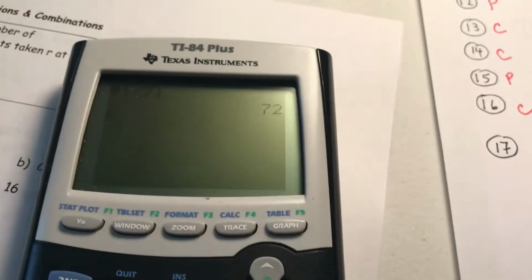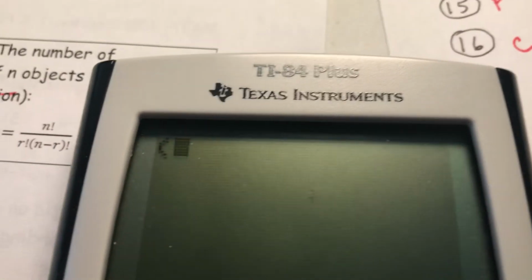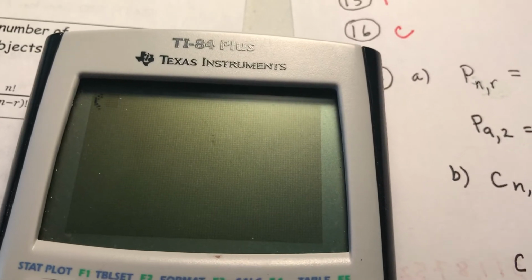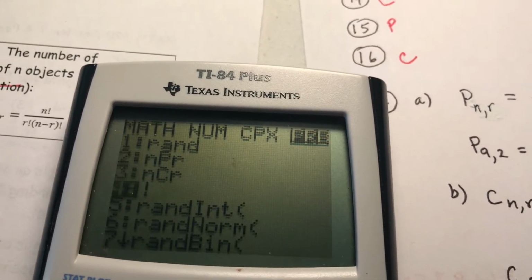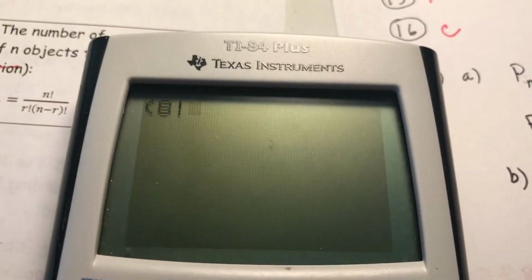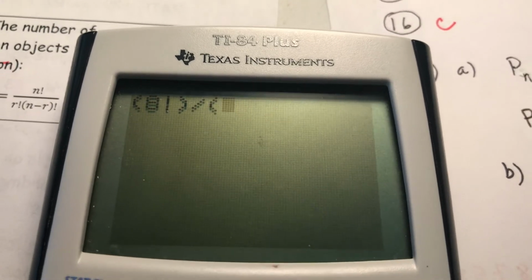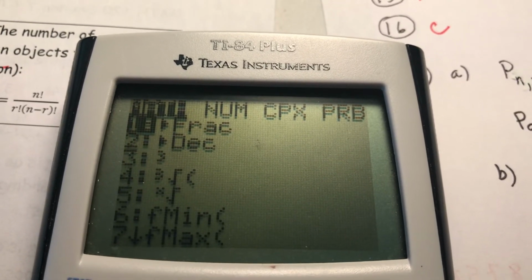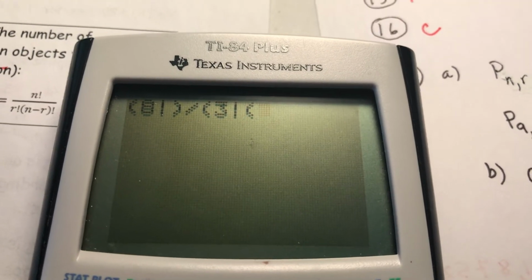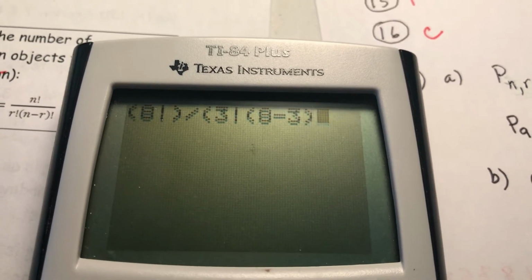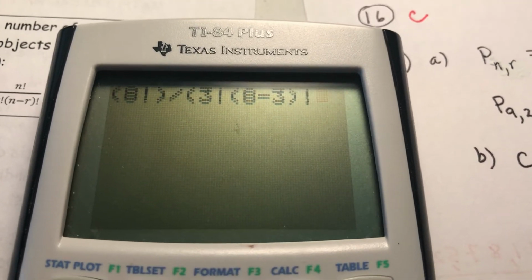So over here, I'm going to put parentheses. Hope you see that. Parenthesis, and I'm taking my 8, math, probability, factorial, parenthesis, divided by, parenthesis, 3 math probability factorial, times, parenthesis, 8 minus 3, parenthesis, math probability number 4 factorial.